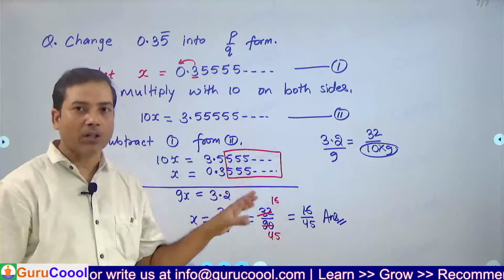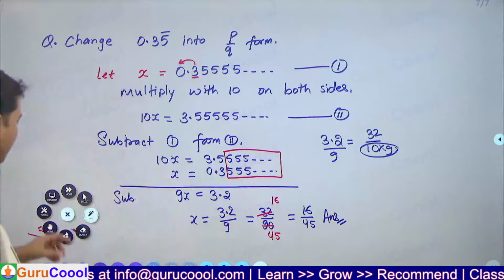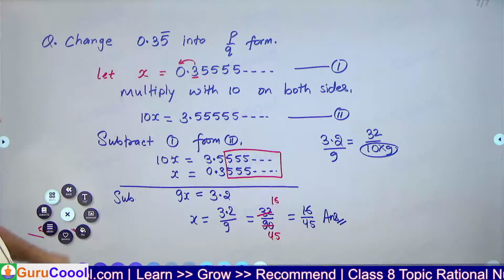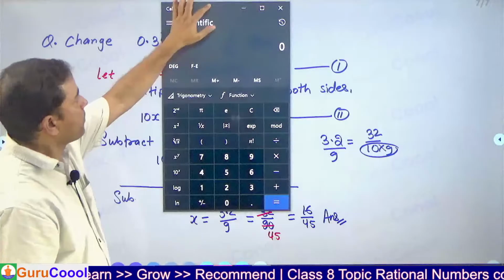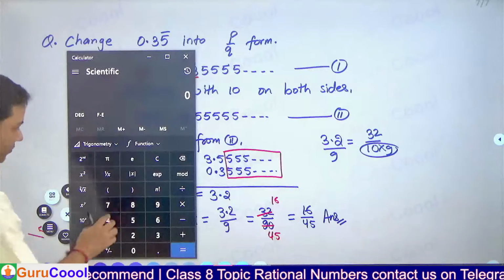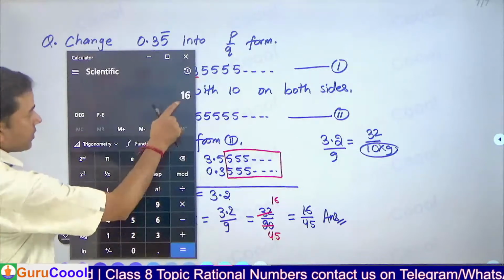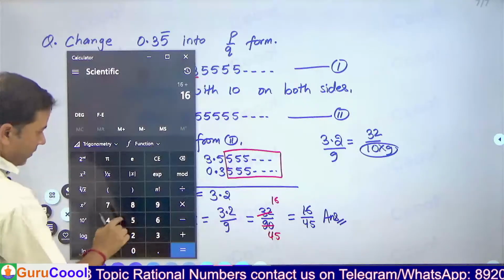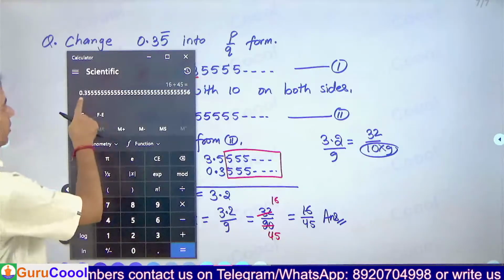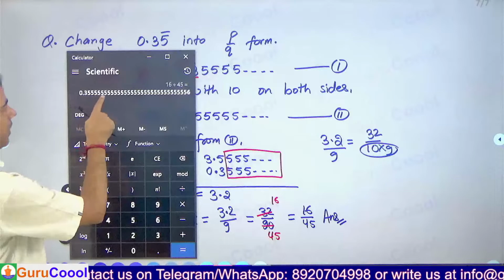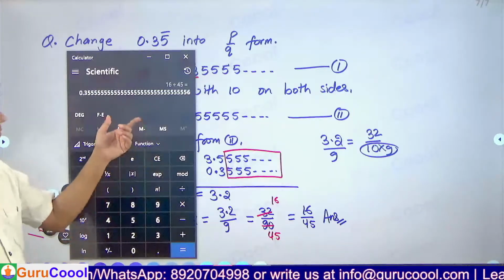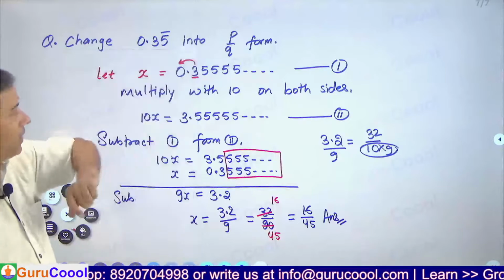I am going to cross check it with the calculator. 16 divided by 45 equals 0.355555. So the answer is verified.